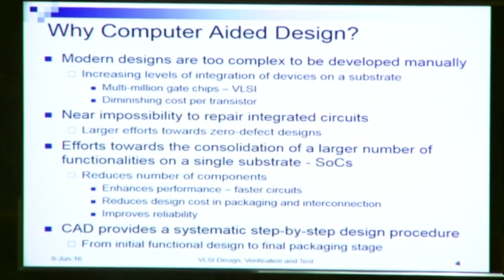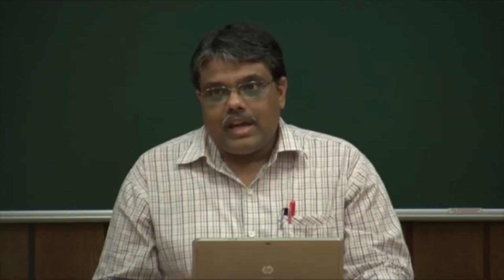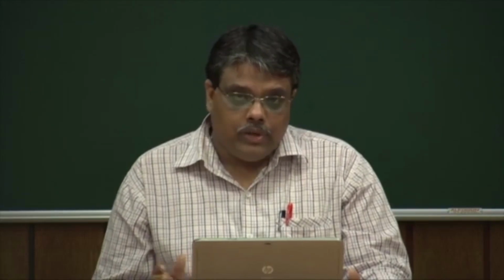So therefore, on one side, because the number of transistors per chip has increased, we have been able to integrate more and more functionalities into the same design, on the same substrate, and hence the design has gone from simple to very, very complex and is almost impossible to be done wholly or fully by hand.